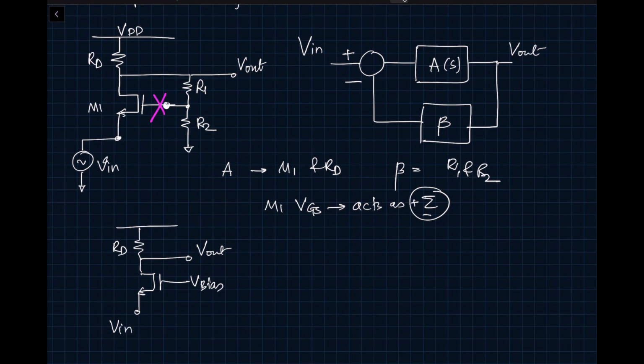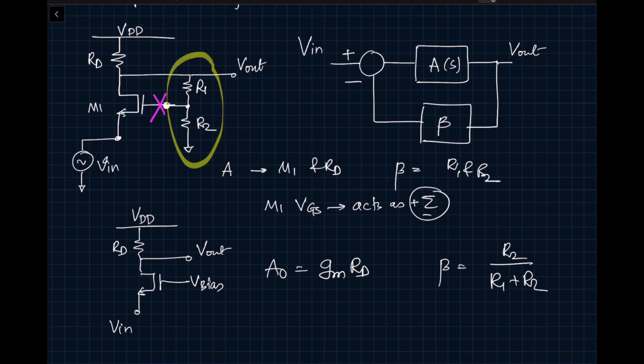This is a common gate amplifier, and we know that the gain of this amplifier, A0, is equal to GM times RD, and our beta is R2 divided by R1 plus R2. In this particular case, we are going to assume that the resistors R1 and R2 in the feedback part are much larger compared to RD, so that the feedback part doesn't really load the open loop gain, which is GM RD.